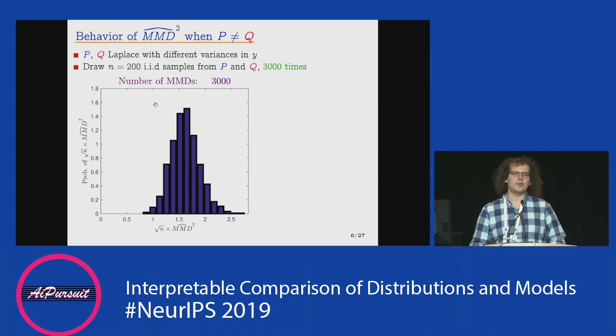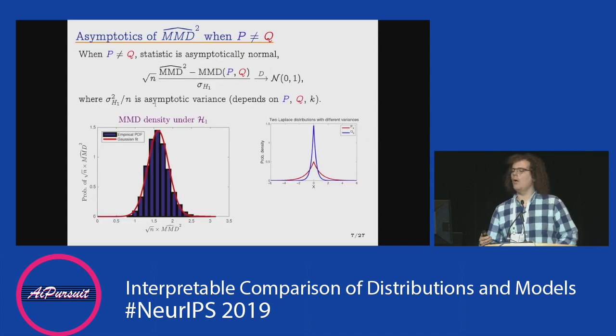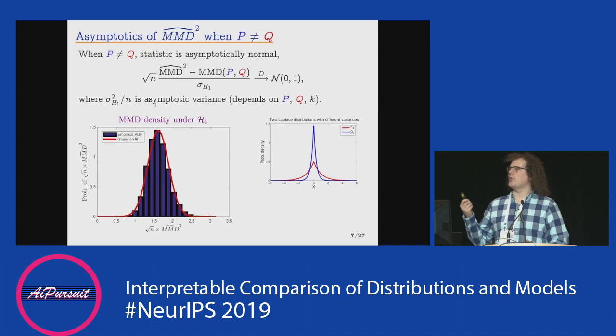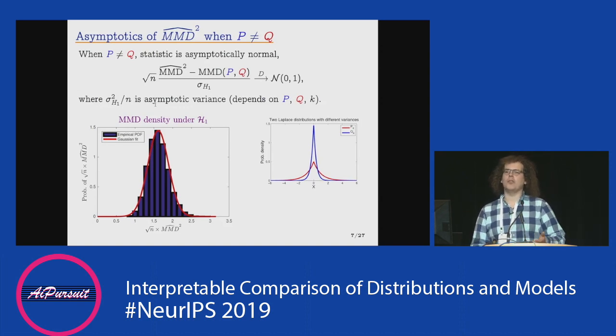And normal distributions are nice, so maybe the asymptotics of the MMD are a normal distribution. Turns out that's true. What I've written on the top of the slide is something like how central limit theorem results are usually written. Basically this says the MMD estimator is asymptotically normal with a mean at the value of the true MMD and a variance that is sigma squared over n.